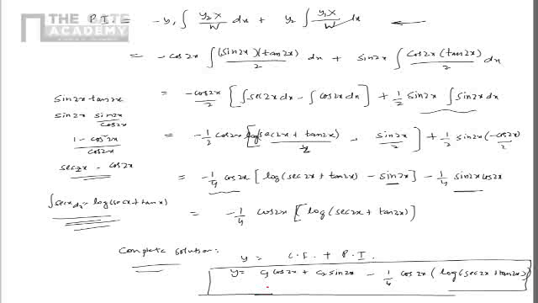If sin ax plus b, then what to do? Cos ax plus b, then what to do? If it is x power m, then what to do? And then the partial fraction method. And then we have seen the complete solution, complementary function, particular integral.